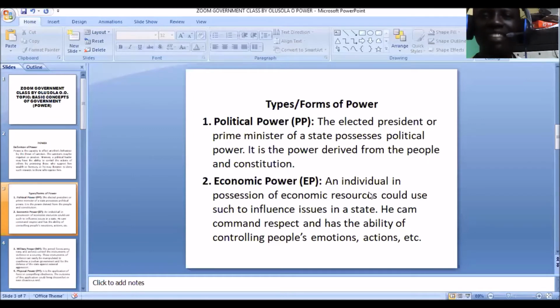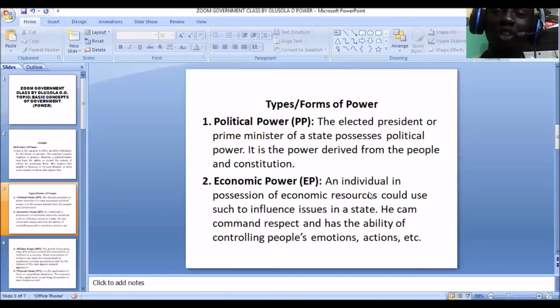So it means that through election, the people give out their power to an individual man who now possesses political power, who now rules over them, who now takes decisions on their behalf, decisions that will affect them, decisions that will influence them, decisions that might not be of interest to them.